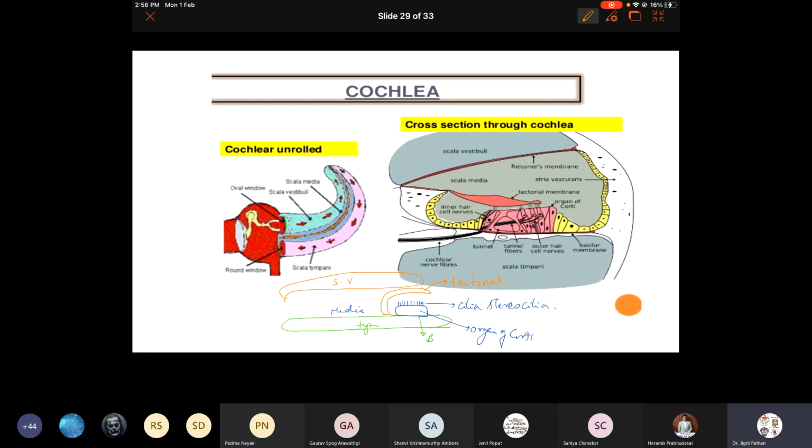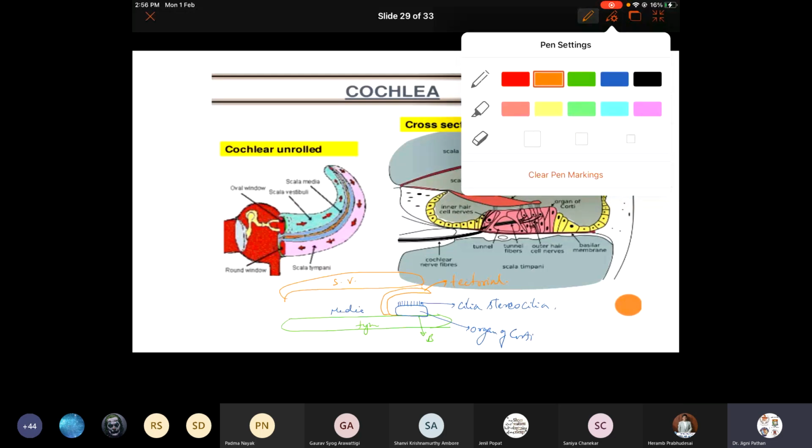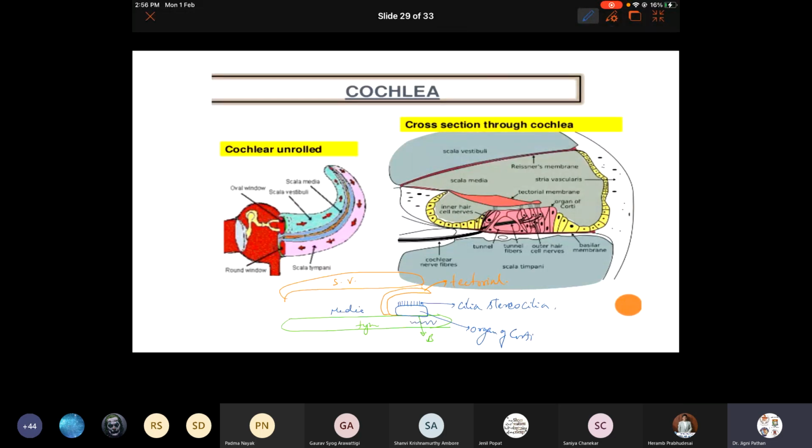Right. Now what will happen is whenever there is a disturbance in the perilymph or the basilar membrane, this membrane gets disturbed. The stereocilia get pushed towards the tectorial membrane.